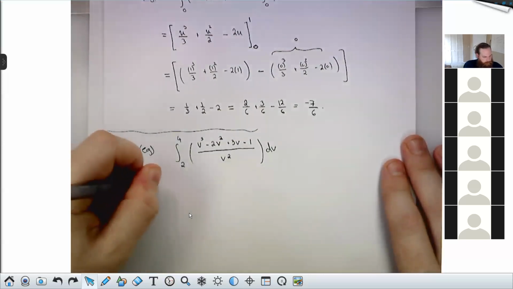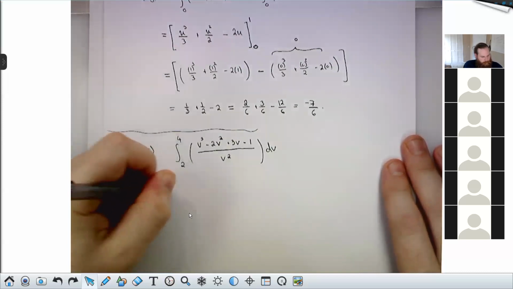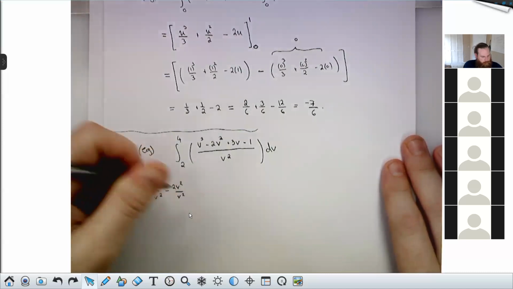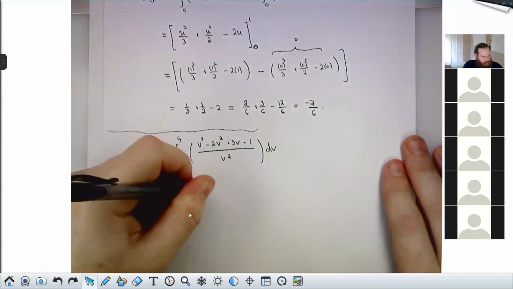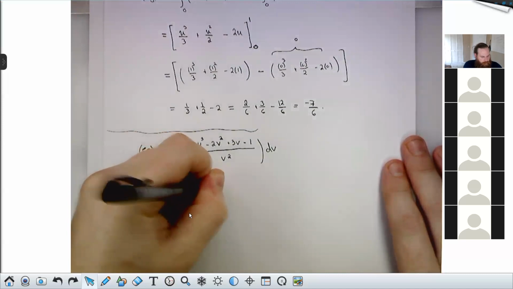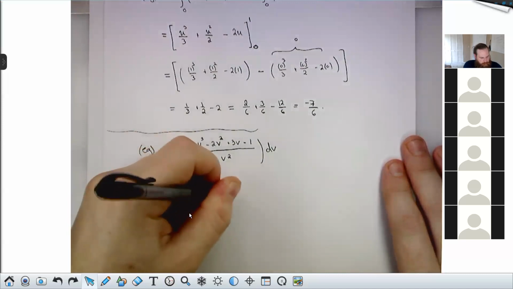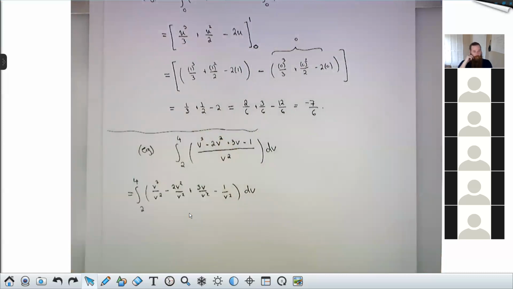This is v cubed over v squared minus 2v squared over v squared plus 3v over v squared minus 1 over v squared, dv. And now each of those I can simplify.